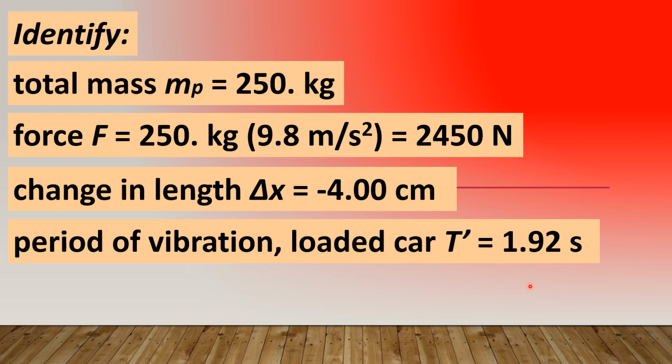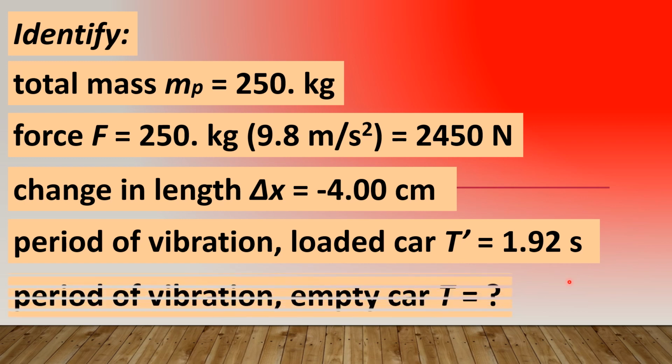Our target variable is the period of oscillation of the car if the car is empty. This period of oscillation that we are going to look for is denoted here by capital T. That's our target variable.